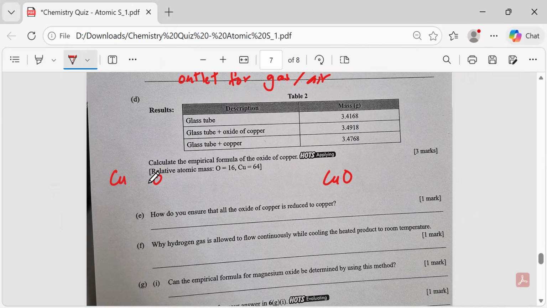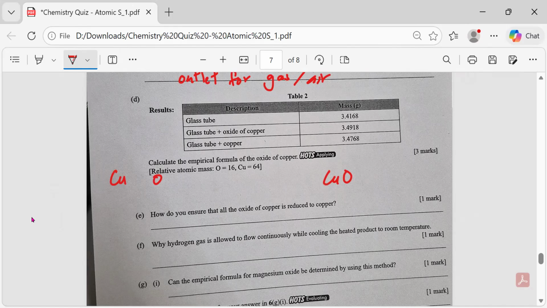So for copper, it is 3.4768 minus 3.4168.